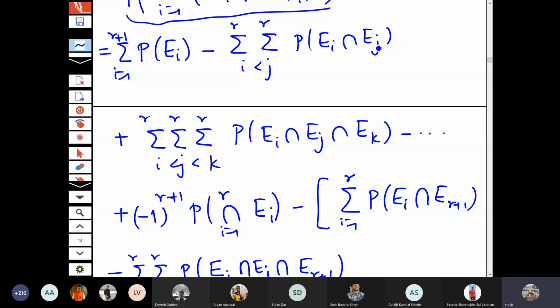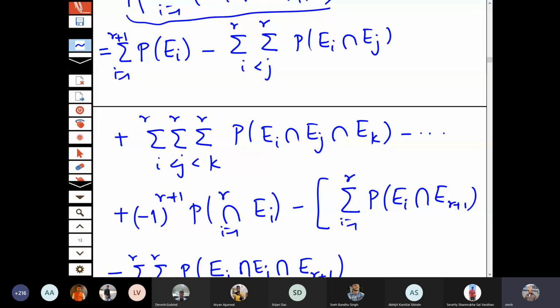Then E2 intersection E3, E2 intersection E4 up to E2 intersection ER. So these terms contain all intersections taking 2 at a time up to R, and these give you another term which is involving up to ER plus 1. And this is with a minus sign.